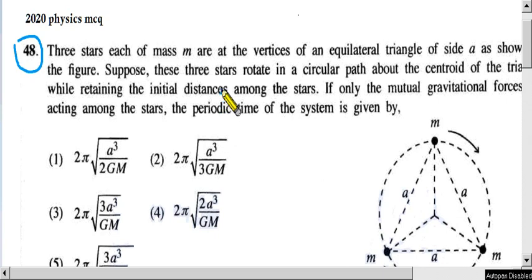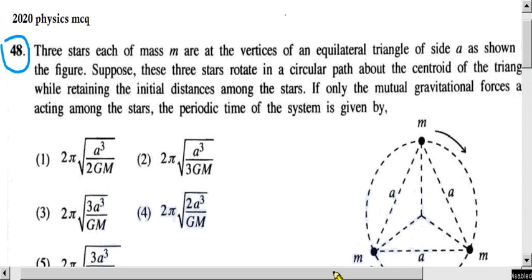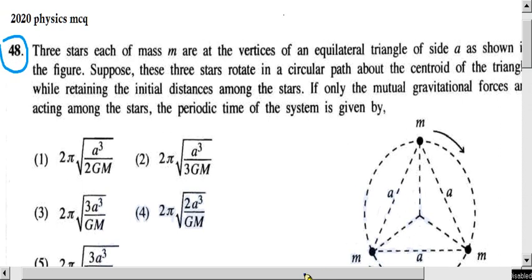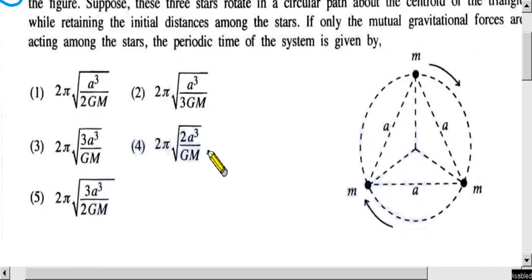Suppose these three stars rotate in a circular path about the centroid of the triangle while retaining the initial distances among the stars. If only the mutual gravitational forces are acting among the stars, the periodic time of the system is given by, so there are 5 answers.